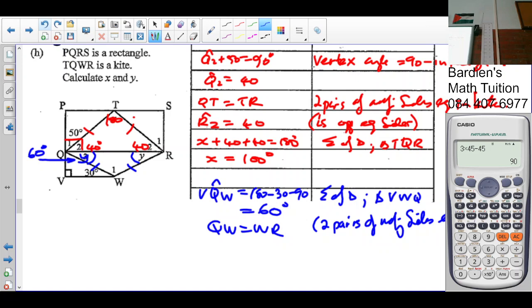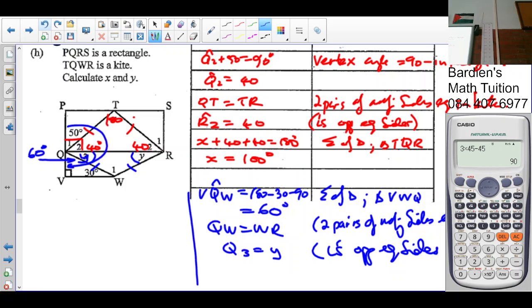So Q3 is equal to y. The reason? Angles opposite equal sides. Okay? And then angles on a straight line.